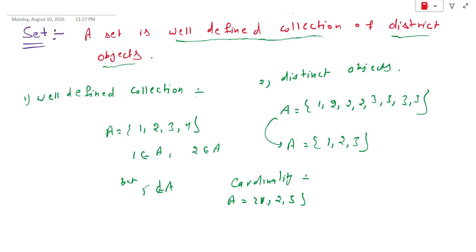The number of elements present in a set is called cardinality. We denote the cardinality by |A|. Therefore, cardinality of A is the number of distinct elements in the set {1, 2, 3}. So cardinality of A is 3. So this is the basic definition of a set.